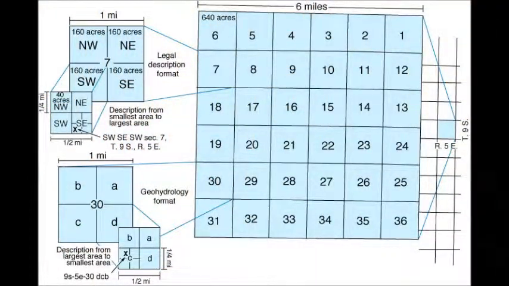You'll also need to know how to explain what the breakdown of the sections are. If you see in your book on page 4-2, you can see the breakdown of the sections. You can see that the northwest quarter of the northwest quarter is a 40-acre piece, or just the northeast quarter, the east half of the southeast quarter.